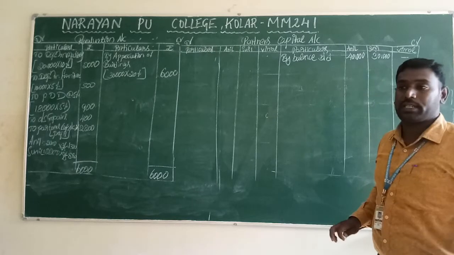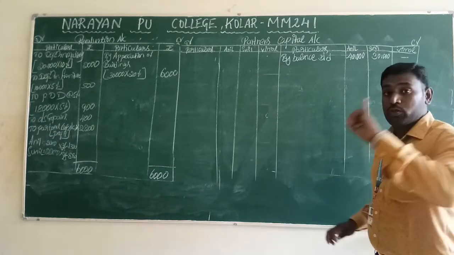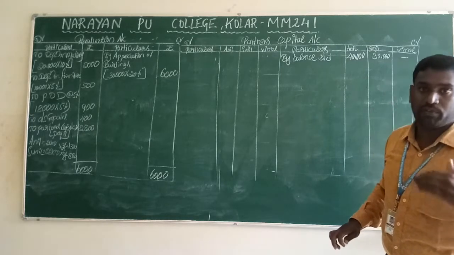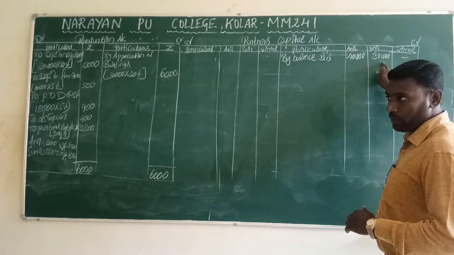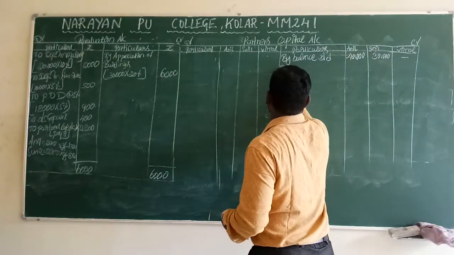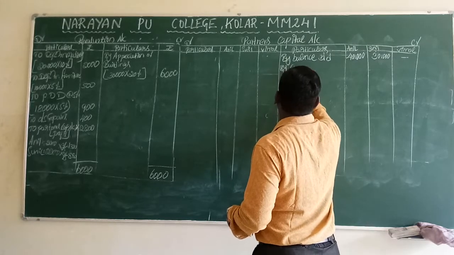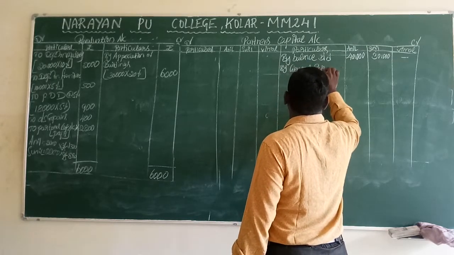One more transaction in the old balance sheet is general reserve. Reserve means they are keeping some amount for the future. That amount belongs to the old partners only, so we have to distribute it according to their ratios. We should write by general reserve, 4,000.